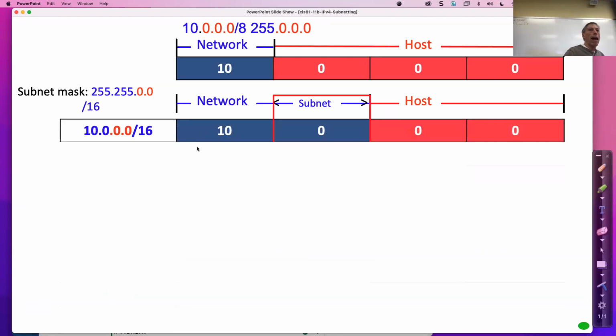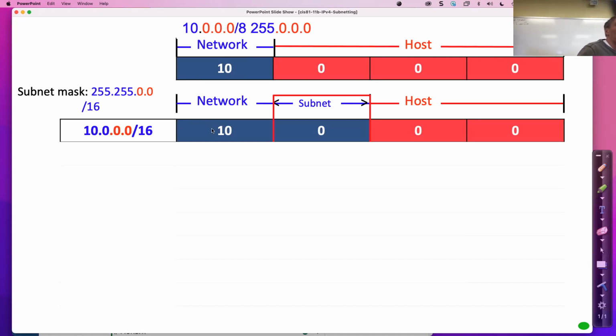So now we're going to create smaller networks. And the way we indicate these are individual networks is we've extended the mask to /16. The world may still see us as this. They see our company as 10.0.0.0, anything beginning with a 10.